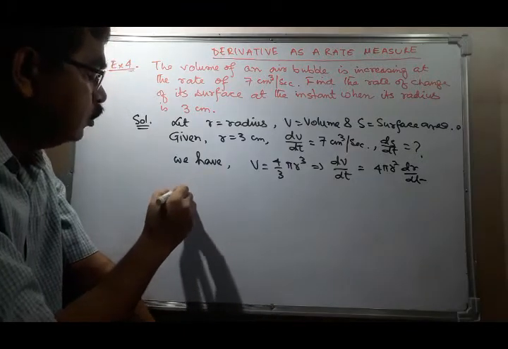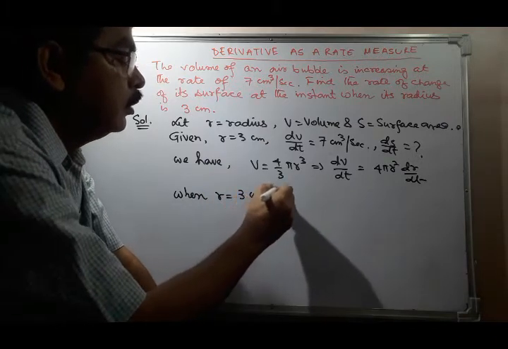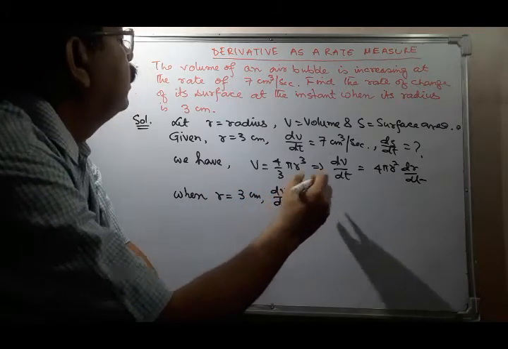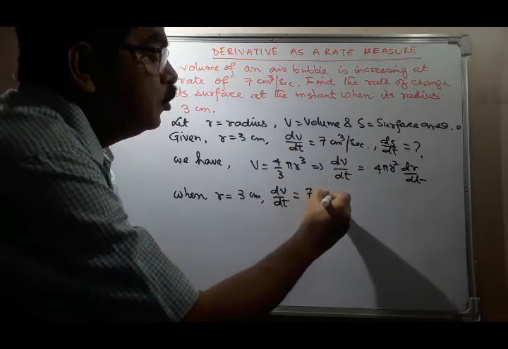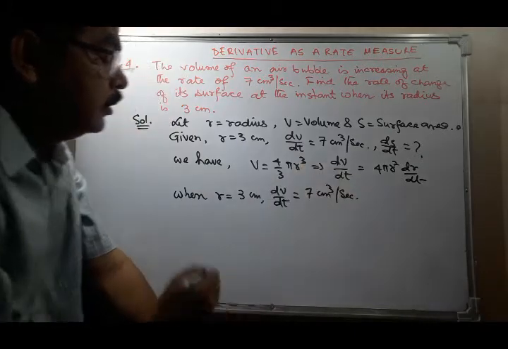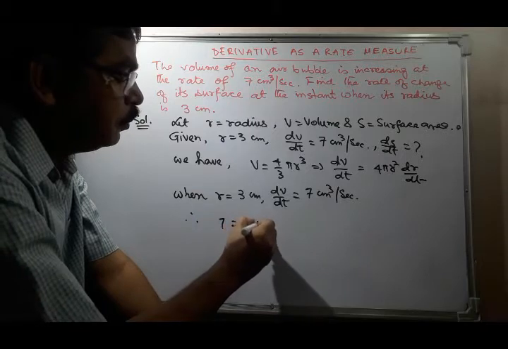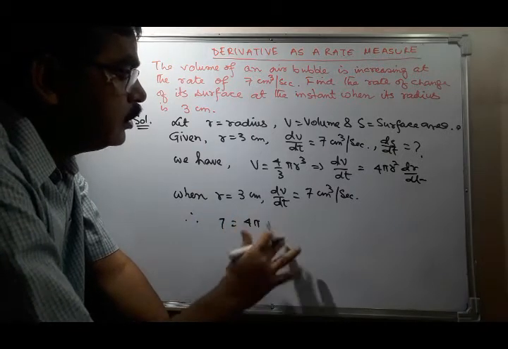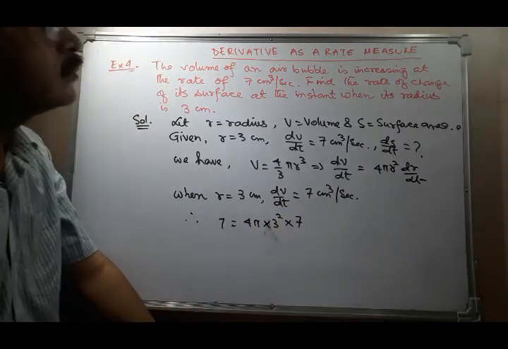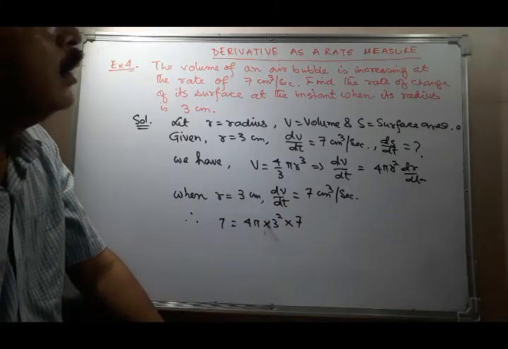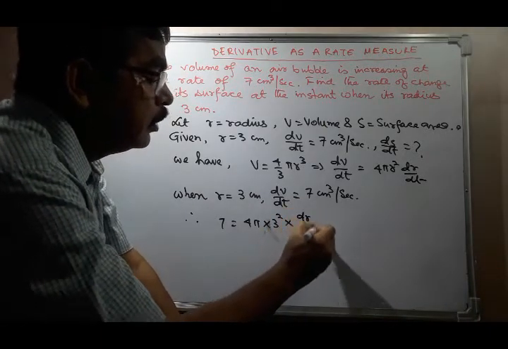Now replacing the value, when r equals 3 centimeter, dv by dt is given as 7 centimeter cube per second, and therefore 7 equals 4 pi into 3 into 3 into dr by dt. dr by dt is not given, so we want to find dr by dt.